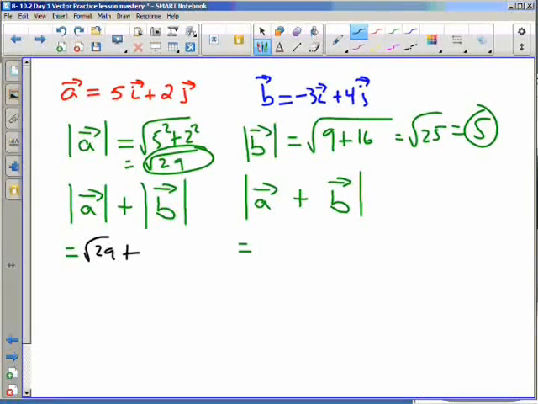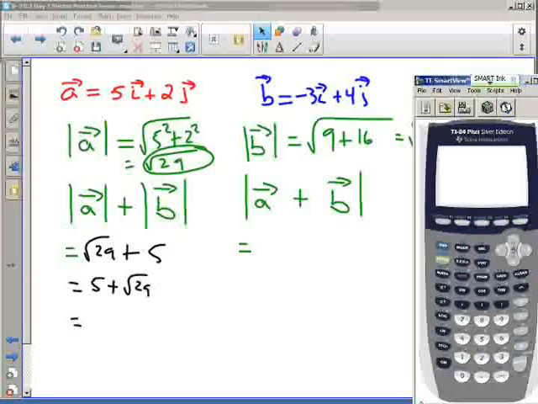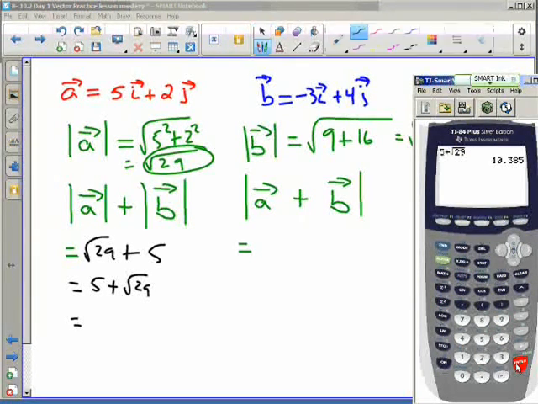Magnitude of B is 5. So really, we just get 5 plus the square root of 29. It's some decimal value.